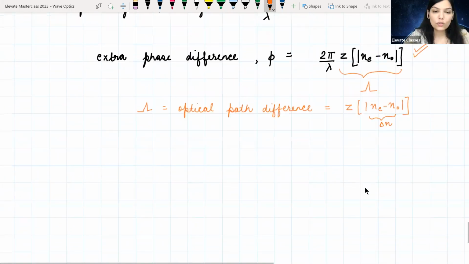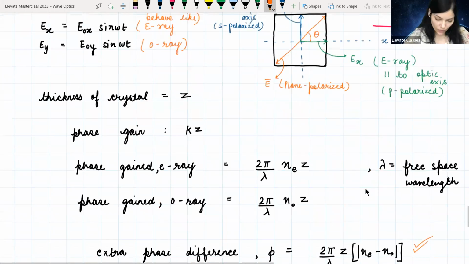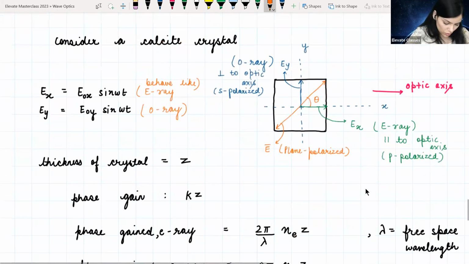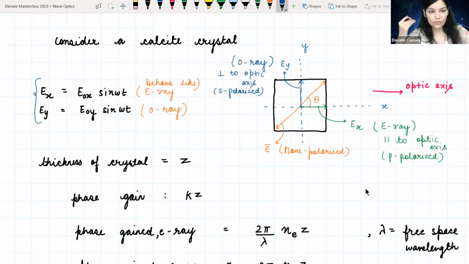So now what we have is we started with these two rays and now they have sort of propagated through my crystal. ये Z distance propagate कर लिए and they came out on the other end of the crystal.